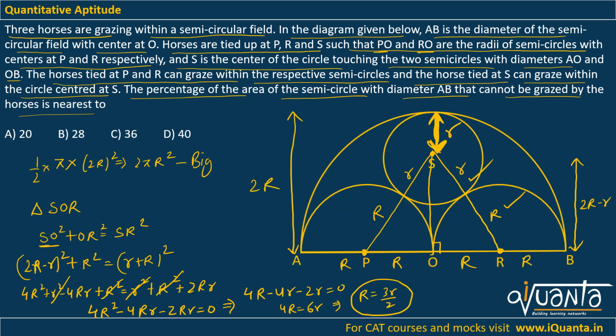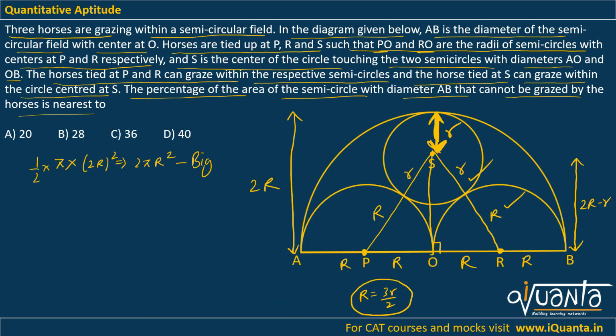We need to find out how much area cannot be grazed, okay. So first of all, we'll find out the area that can be grazed, and then from the total area of this bigger semicircular field, I will reduce that area. So how much can be grazed? It will be equal to the area of these two semicircles, which will be equal to pi R square, because I combined these two semicircles and they are identical, so they make a whole circle with radius R. So pi R square plus the area of this small circle, that means pi r square.